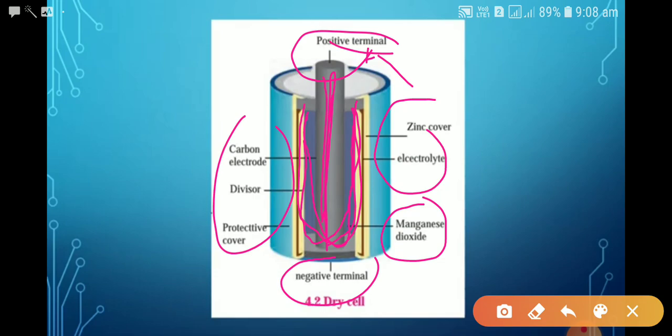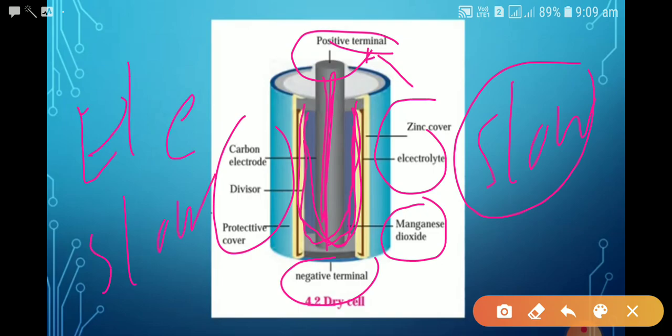Due to the wet pulp used in the cell, the chemical reaction proceeds very slowly, hence a large electric current cannot be obtained from this. Slow reaction, therefore the electric current is also slow, so a large current cannot be produced. Because these chemicals are solid materials pasted inside, their chemical reaction starts very slowly.